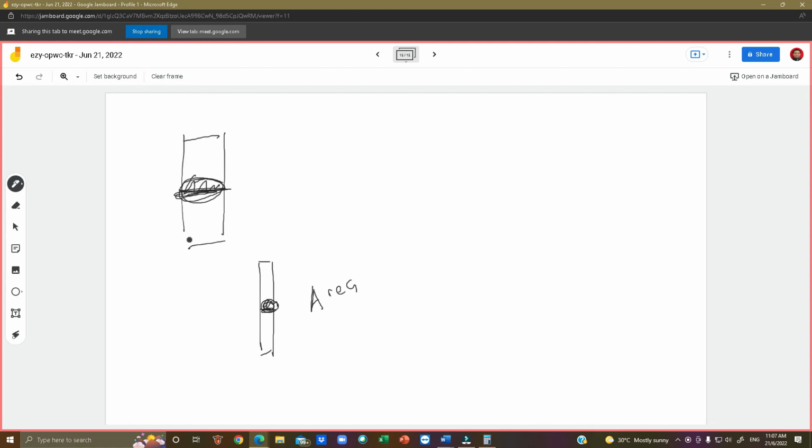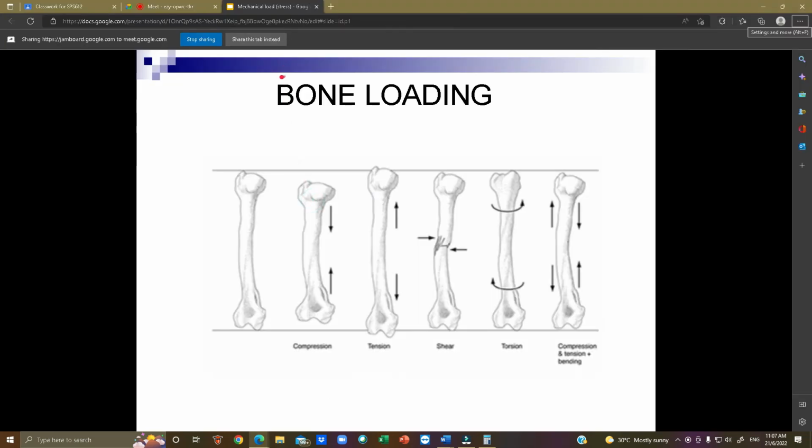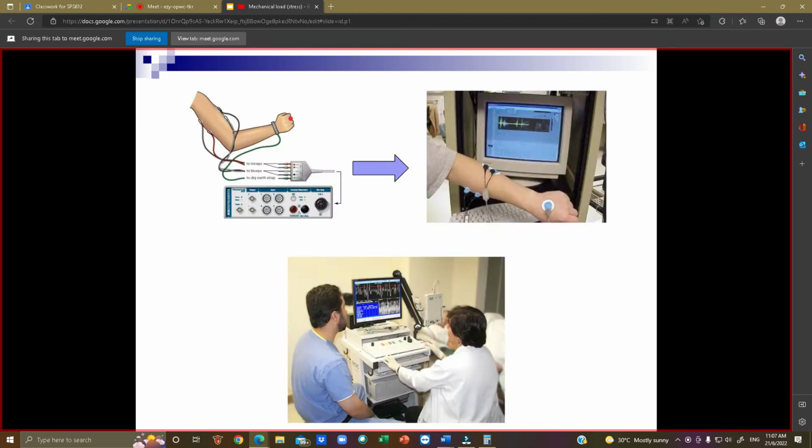The smaller the bone, the lesser its ability to overcome torsion and bending, because its area is small. Okay, that is the concept. That is the concept of our mechanical loads, the topic that we discussed today.